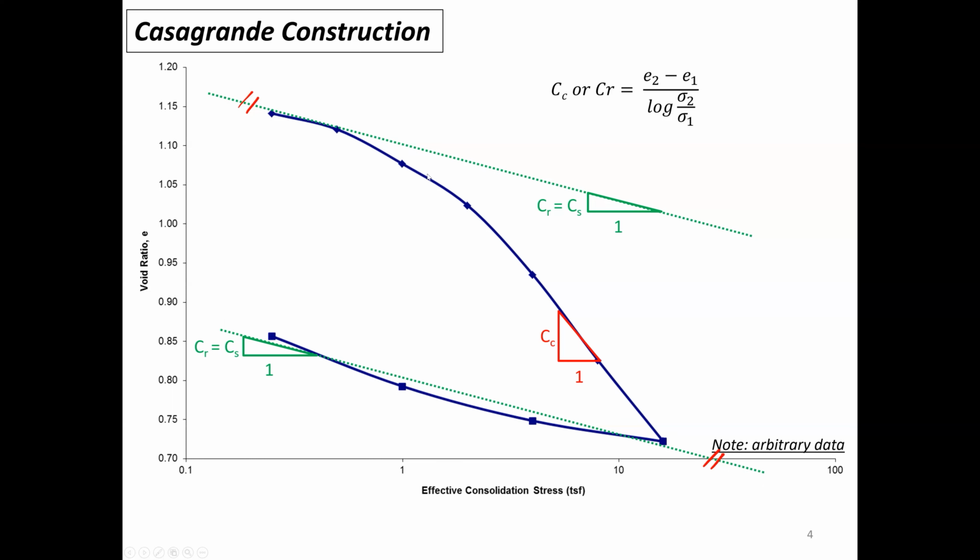As you can tell from the top, you're not quite sure where the actual maximum past pressure is, so you need the graphical constructions to help you better estimate it. And you may have a hard time determining how to draw this green slope right here, because the data here is a bit messy without the erasure of the disturbance.